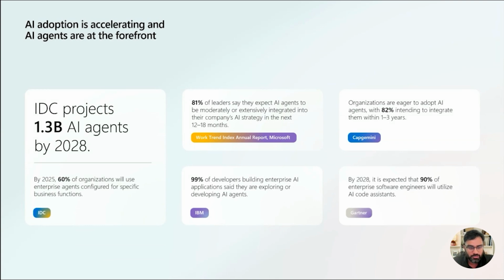And by 2028, Gartner and Microsoft's assessment expects around 90% of software engineers to use AI code assistants. Microsoft is also named a leader for the 5th year for the cloud services that Microsoft offers.